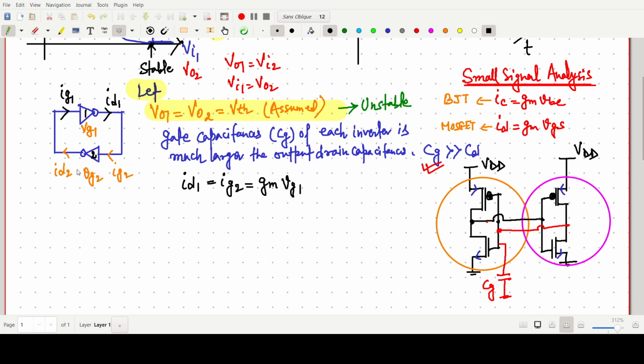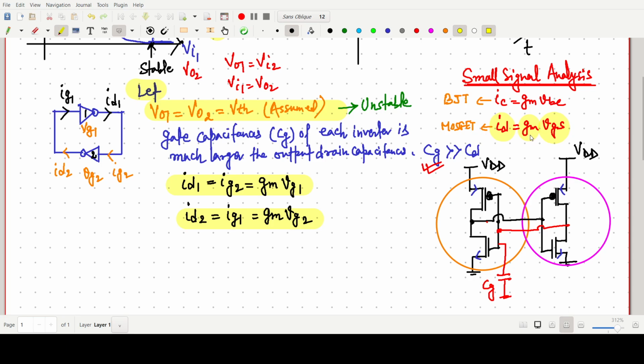Now in the second one we can say Id2 is nothing but simply Ig1, but the drain current Id2 can be written as Gm Vg2. This one is clear. Id equals Gm times Vgs.